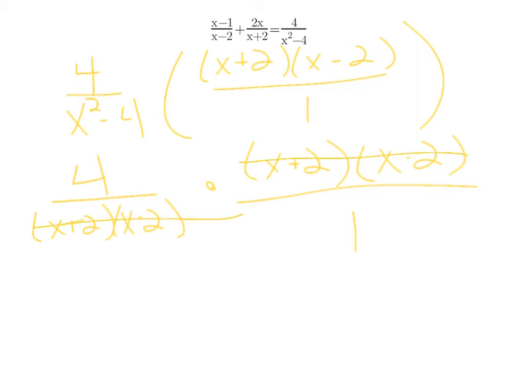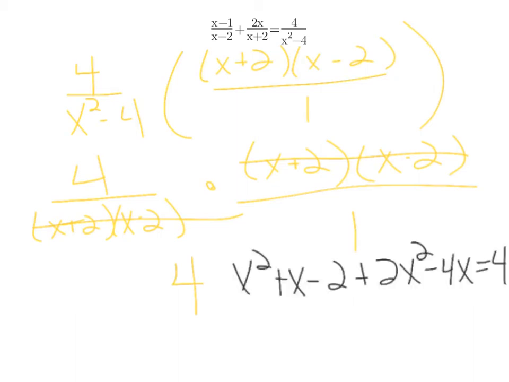That means that the only thing I'm left with is my numerator 4 and denominator 1. 4 over 1, or just simply 4. Now I can take what I have done and rewrite my equation as equals 4. Please take a moment to pause this video and record this next step of our example.